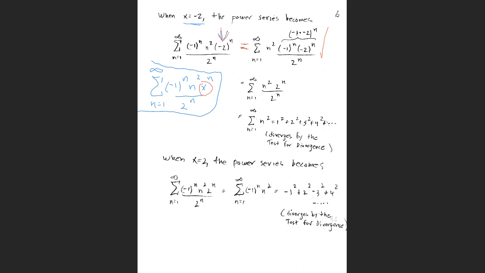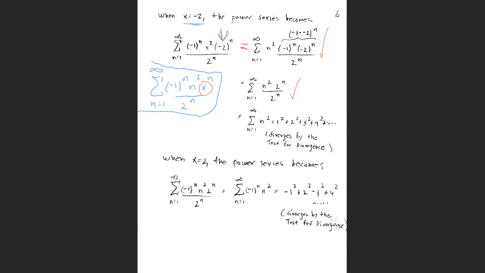Okay, so at x equals -2, the power series will become the series where n equals 1 to infinity of n squared times 2 to the nth power over 2 to the nth power.